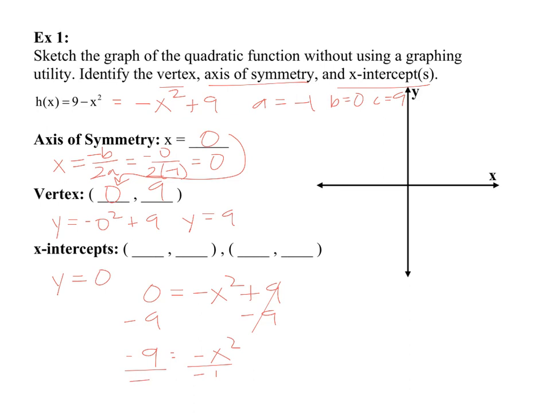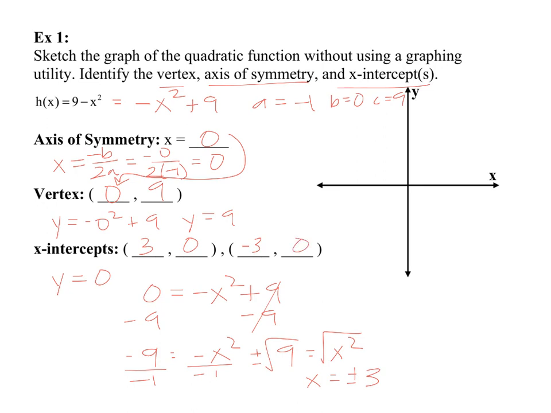Divide by negative 1. And I get, all right, square root both sides. Don't forget the positive and the negative. All right, so I have positive 3, and then I have negative 3. All right, and then the y values are 0. All right, those are my x-intercepts.